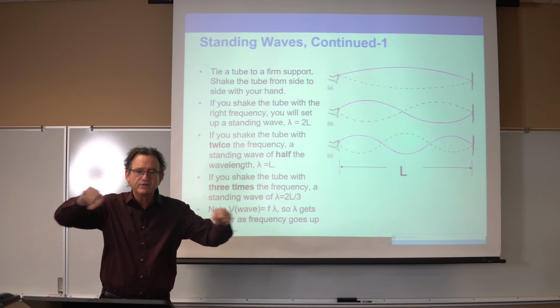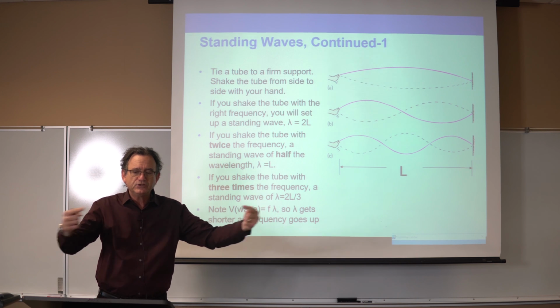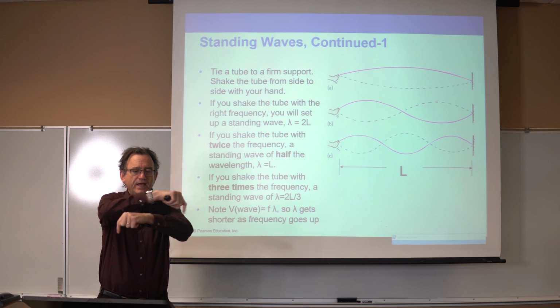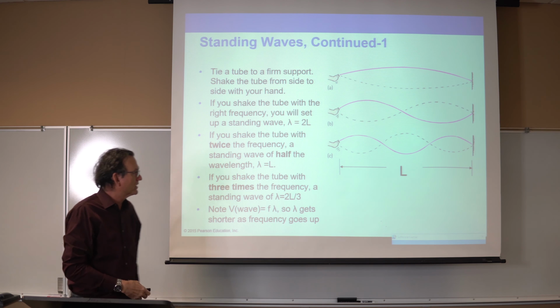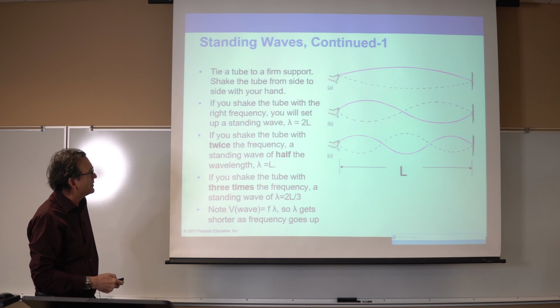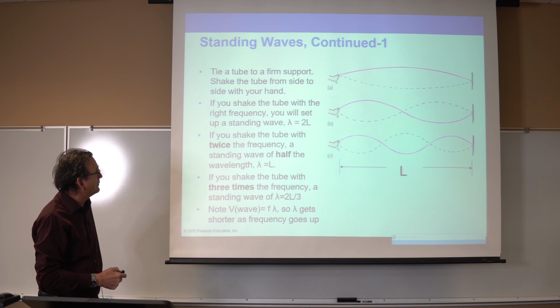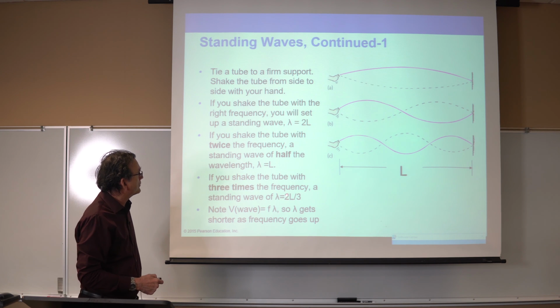So it's these 2 waves that are continuously going to each end, turning around and coming back, and they are constantly overlapping with each other to create these standing waves. And notice that you can have the wavelength 2L, wavelength equal to L, or wavelength equal to 2L over 3.